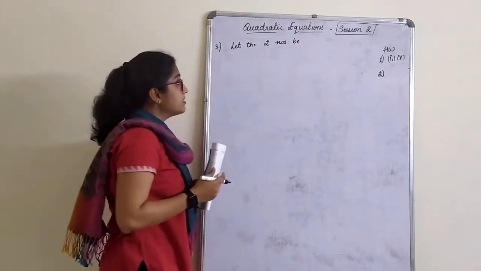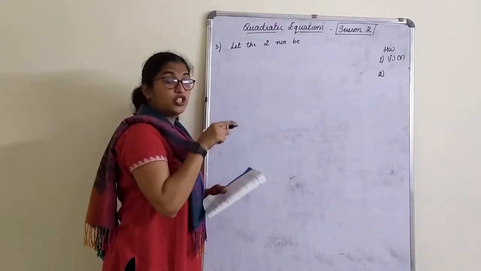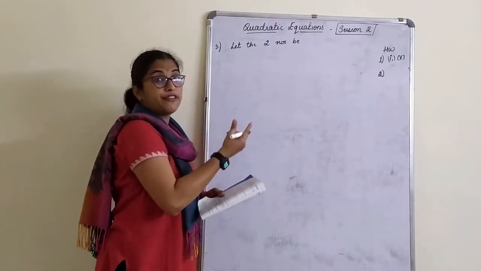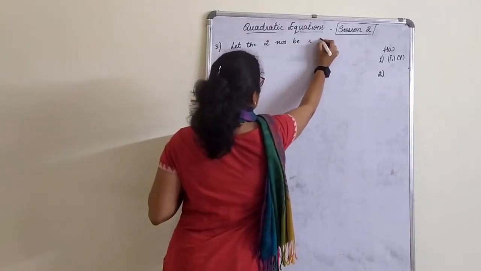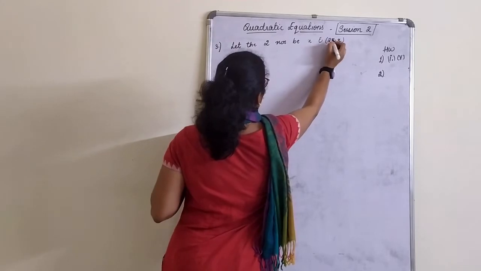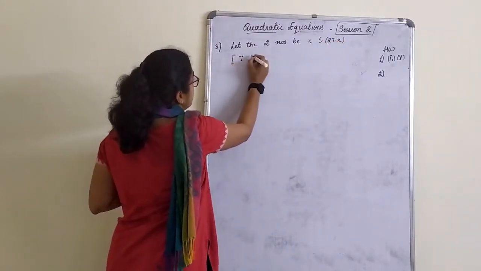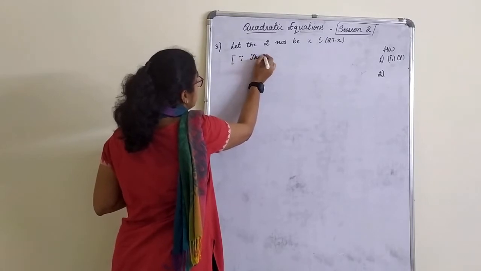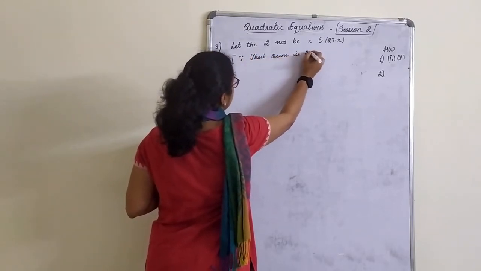Now children, let's assume that if we had done this by linear equation, I'll show you at the end what difference it could be like. So let the two numbers be x and 27 minus x. Why? Because they have given their sum is 27.